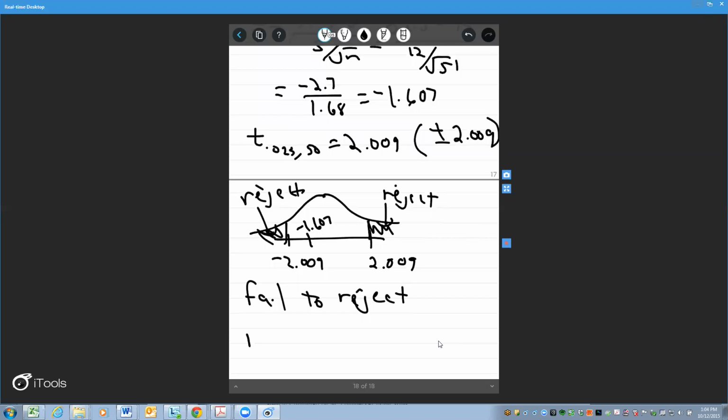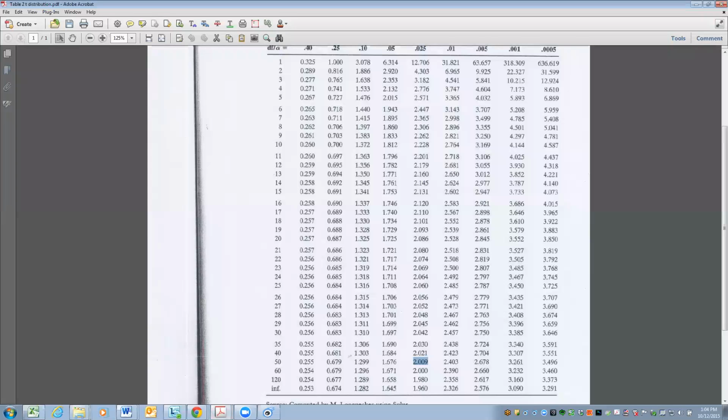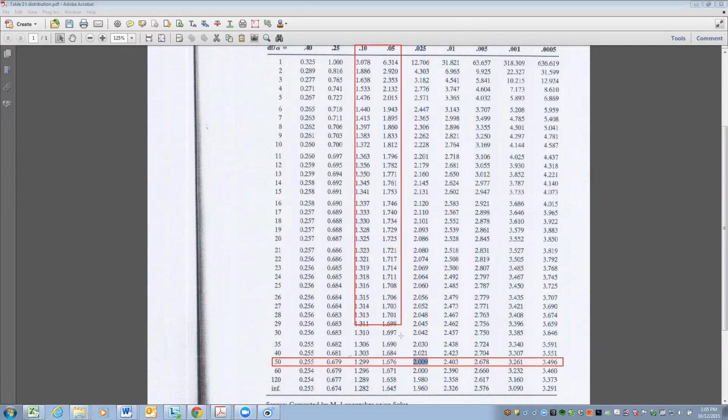Well, now let's look at the p-value. I'm going to go back to my t-table and look for 1.607 in that 50 line. And I see 1.607 is somewhere between 1.299 and 1.676. So that means my p-value in one tail is somewhere between 0.05 and 0.10.